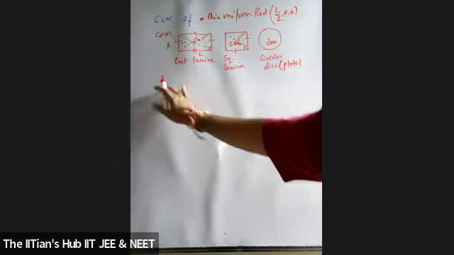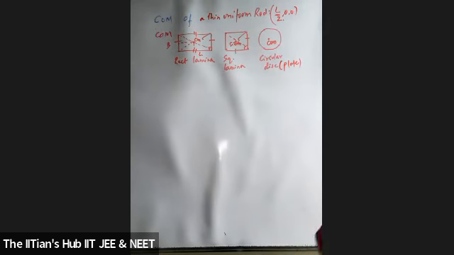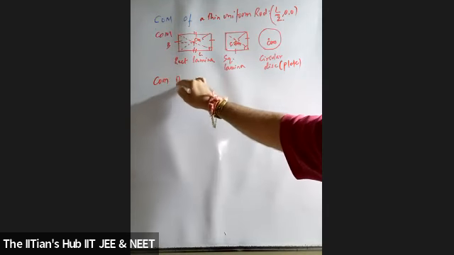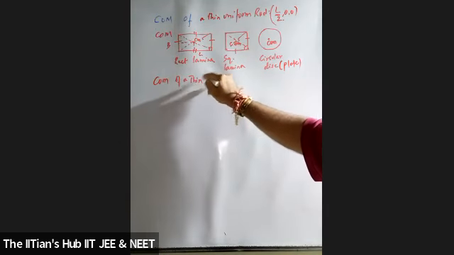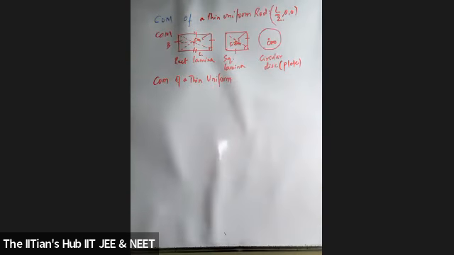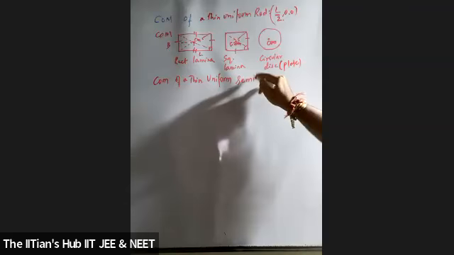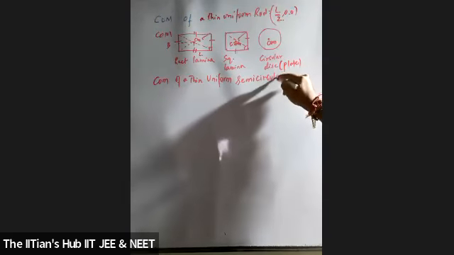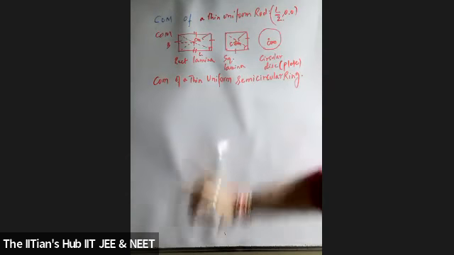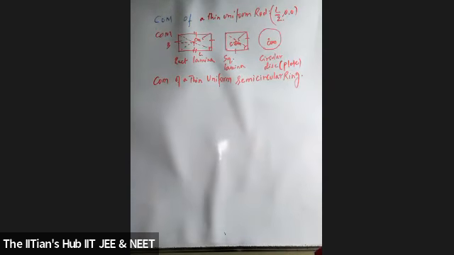Next, if I ask you, students, for the center of mass of a thin uniform semicircular ring, then the mass is uniformly distributed, students.